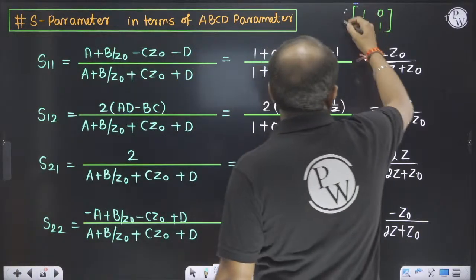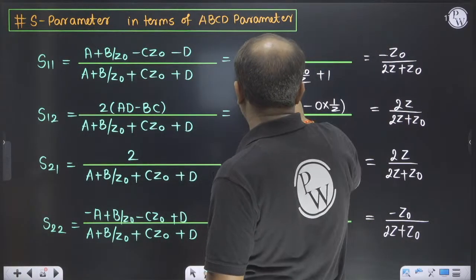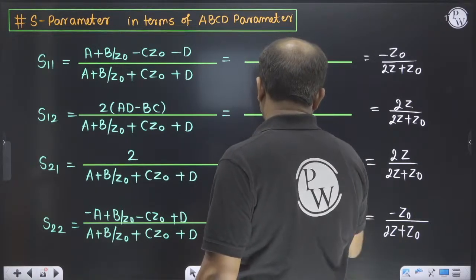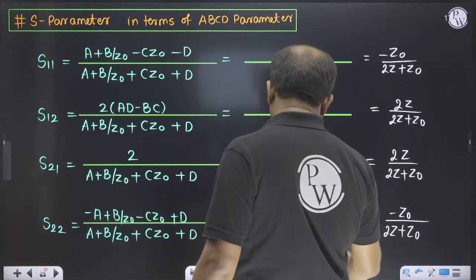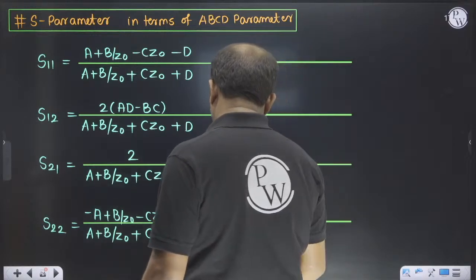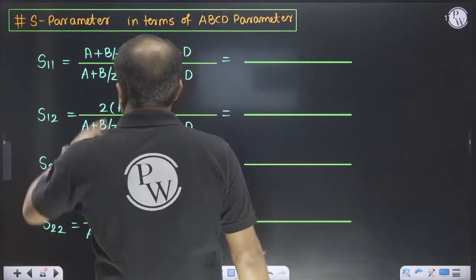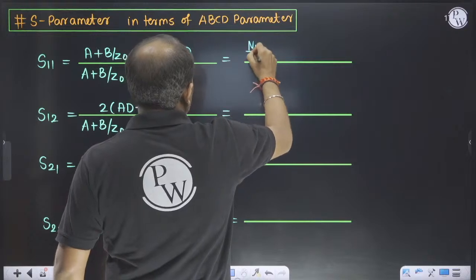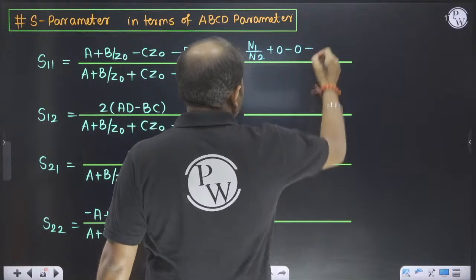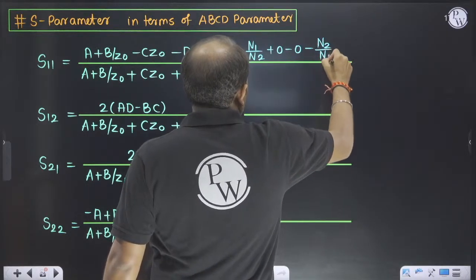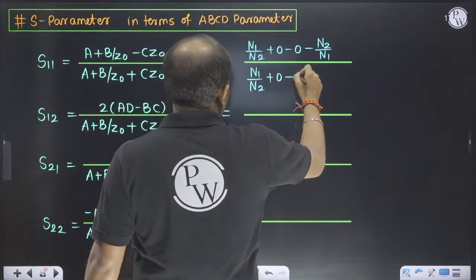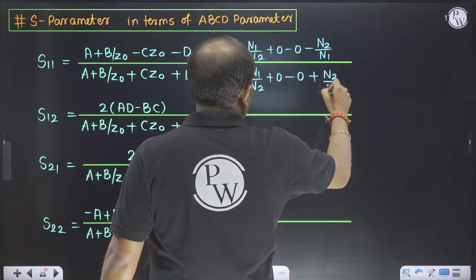It is very easy, because the B and C terms are 0. So A is N1 by N2, B is 0, C is 0, D is N2 by N1.